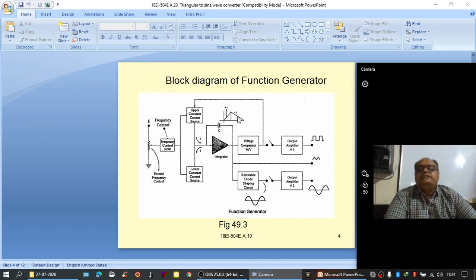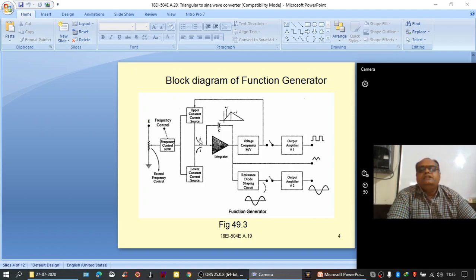So this we have seen in the last class, the basic block diagram of a function generator, mainly consisting of a triangular wave generator, which comprises of an integrator made up of an operational amplifier, and this integrator using operational amplifier is supplied with positive current for some period of time and negative current for some other period of time.